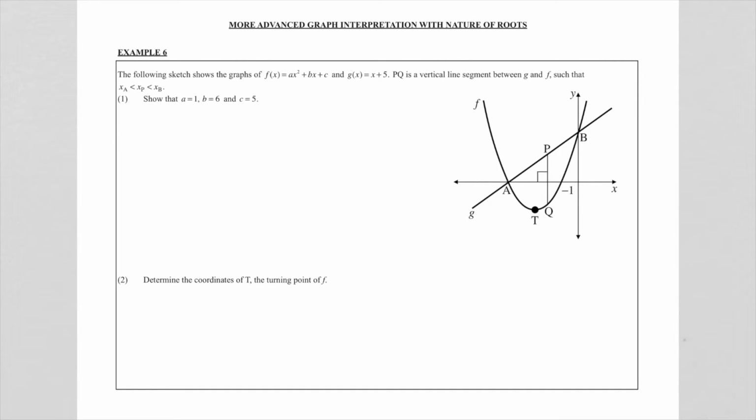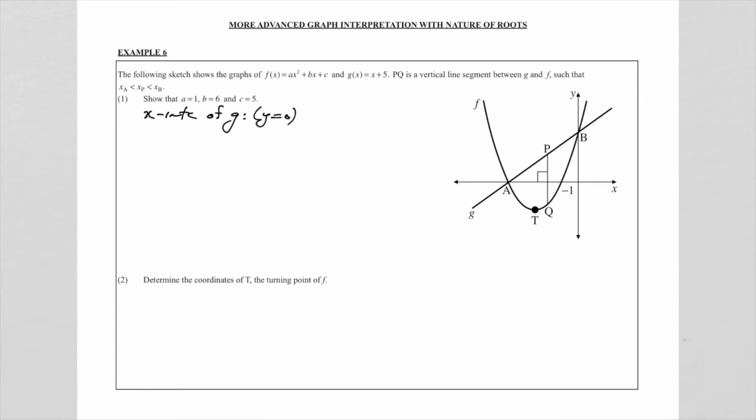So let's start off by finding the x and y-intercept of the straight line. So I'm going to say that for the x-intercept of g, so that we know we are working with function g, that is where we substitute y with 0.